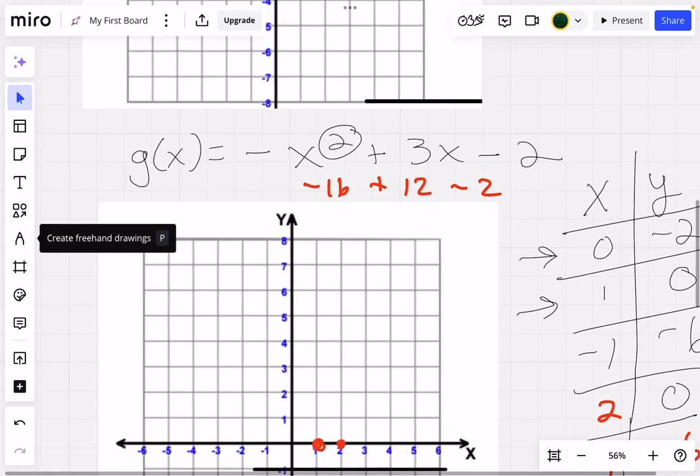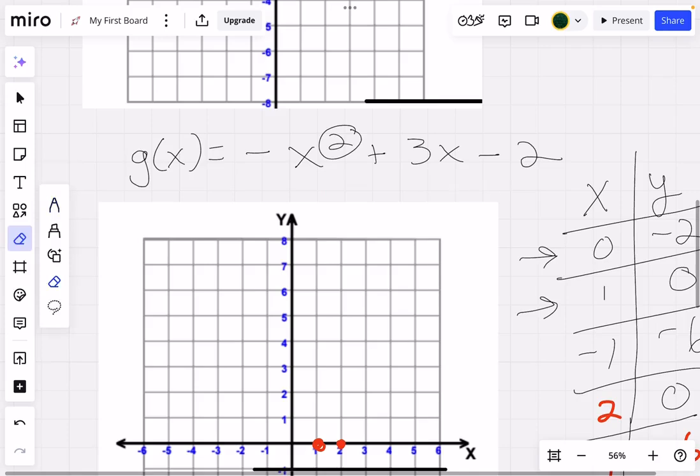Okay, so if I do 1.5 squared, I'm going to get 2.25, but it's got to be negative, plus 3 times 1.5.